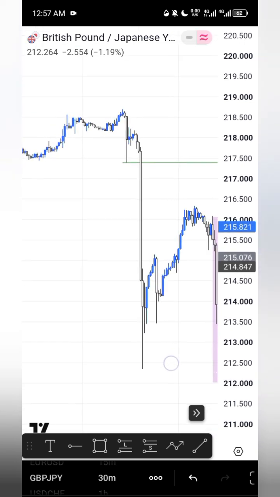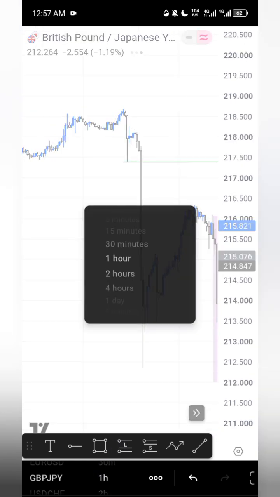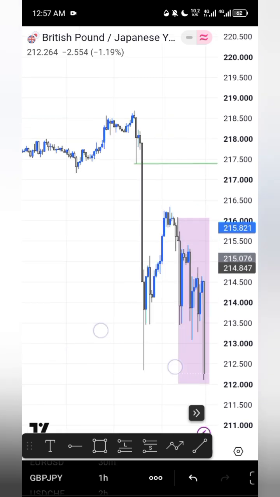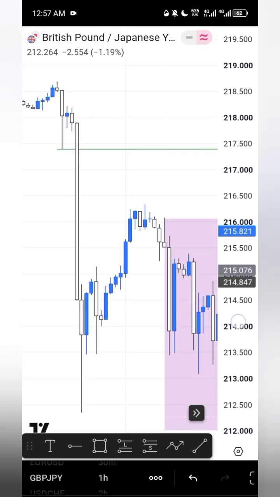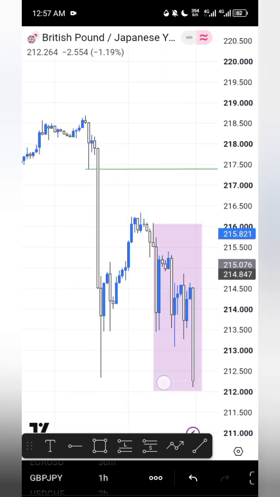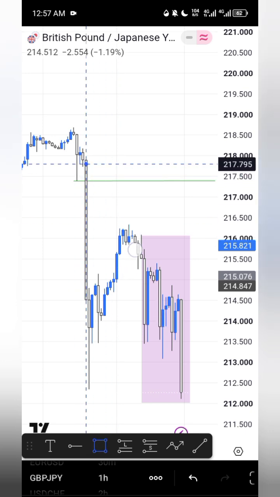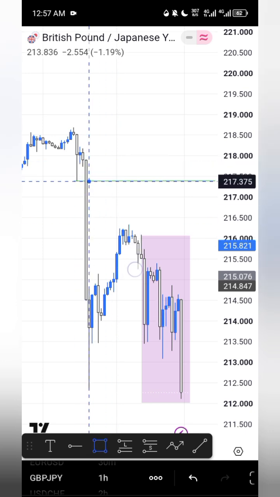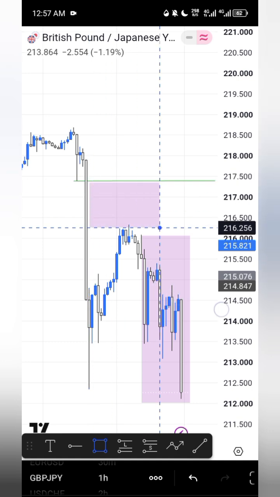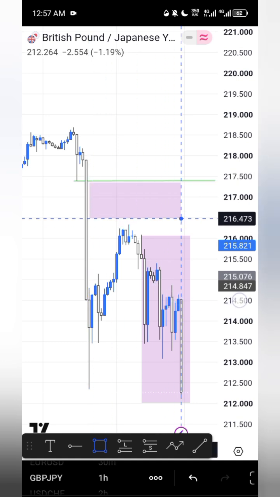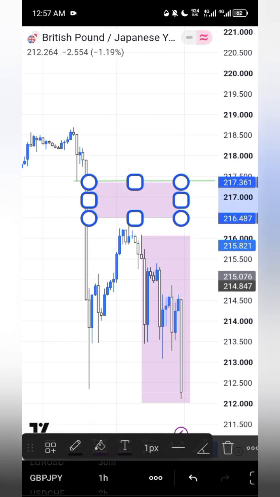Then on the H1 I asked myself, where is price most likely to react if price will be closing this gap right here? Because for the FVG traders, you will know this space right here is an imbalance. Let's type that in.